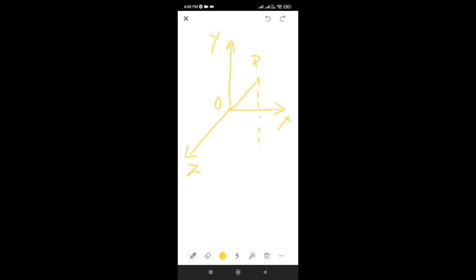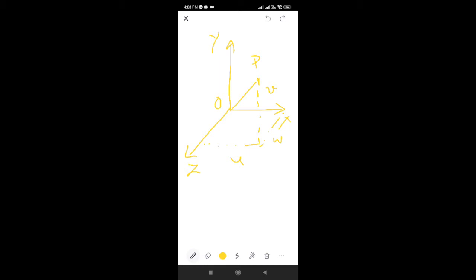This is the velocity along the x-axis, u. This distance is u. This distance parallel to the y-axis is v. These are the perpendiculars on the x, y, and z axes respectively. Now you draw a line parallel to the z-axis. The length of this line is w.